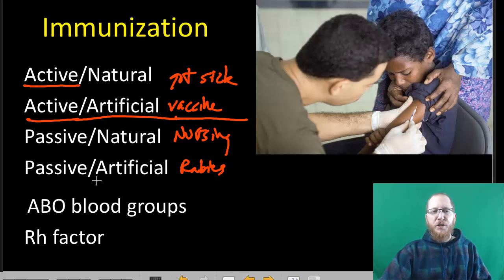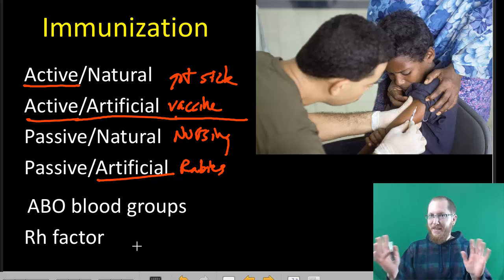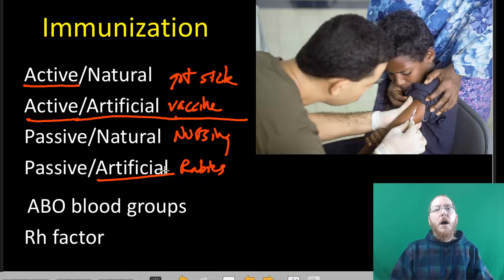So I'm artificially getting them. The goal is you never get sick. You don't want to get sick with rabies. That's not cool. You die. And so ultimately you're just going to bypass this and use antibodies from somebody else, but it's not natural. You're not getting it through nursing. You're getting an injection, much like you did with the vaccine.